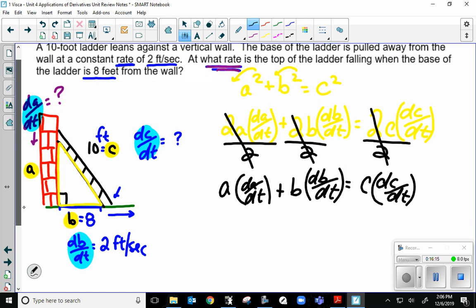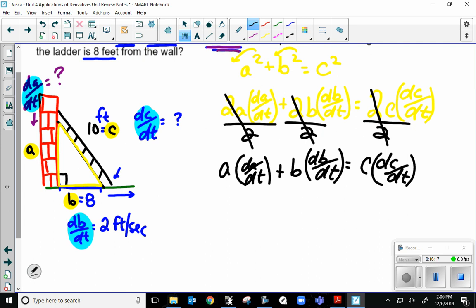So let's plug in what we know. I don't know what A is yet. They're asking me for dA. I definitely don't know what that is, but that's got to be the variable I'm solving for.